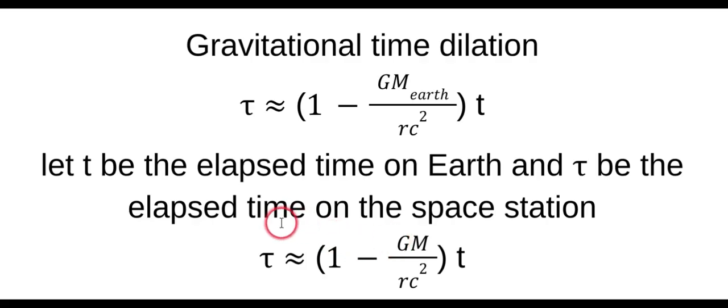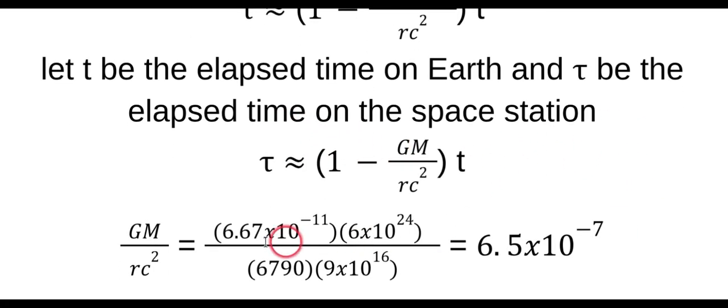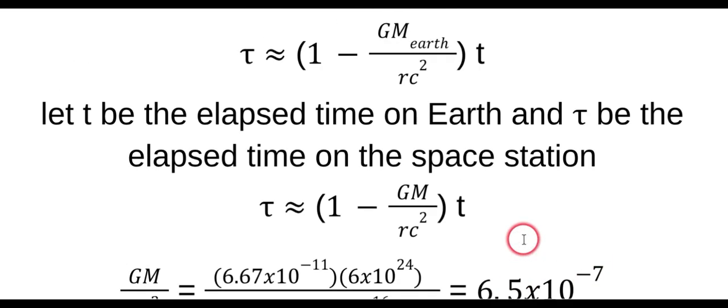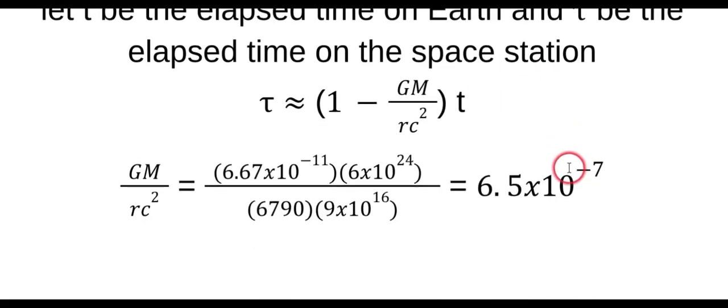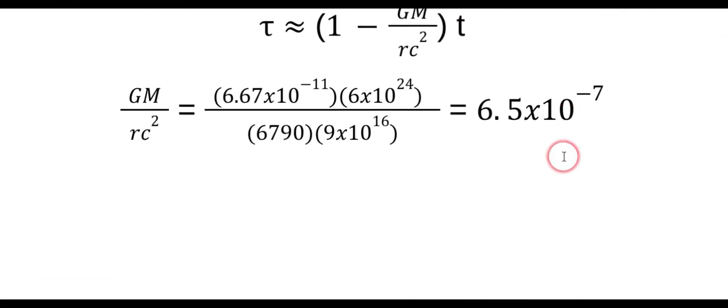So we plug these numbers in, and here is the gravitational constant, here's the mass of the Earth, here is the distance from the center of the Earth to the International Space Station, and the speed of light squared. And once again, we get this teeny weeny number. So it just makes no difference. So once again, tau equals t. So time equals time. And in Newtonian physics, there is only one time.